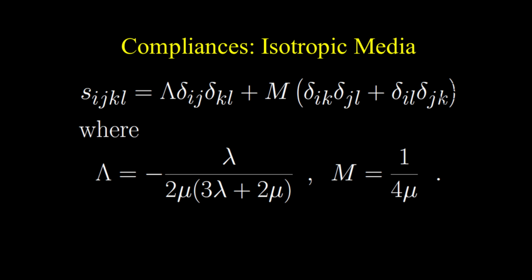To conclude the answer for this isotropic case, let's observe that one can also construct the compliance tensor for isotropic media from the stiffness tensor using the definition described in the previous slides. Here is the compliance tensor of isotropic media as a 4-ranked tensor. Notice that the compliance tensor also depends only on lambda and mu, just like stiffness tensor of isotropic media.